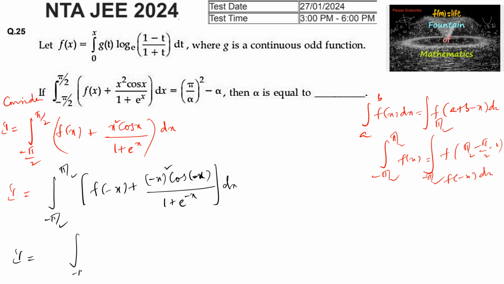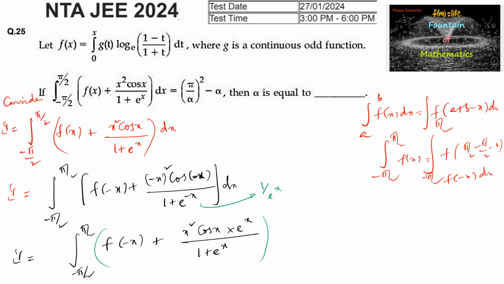That is, I is equal to the integral from minus pi by 2 to plus pi by 2 of x square cos x into e power x divided by (1 plus e power x) dx, because e power negative x is nothing but 1 by e power x. Say this is 1, say this is 2.